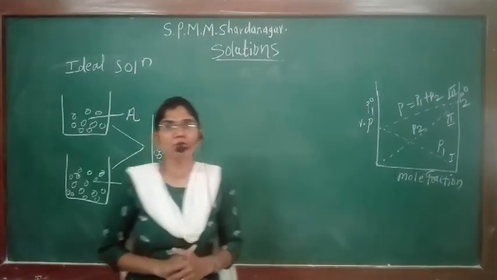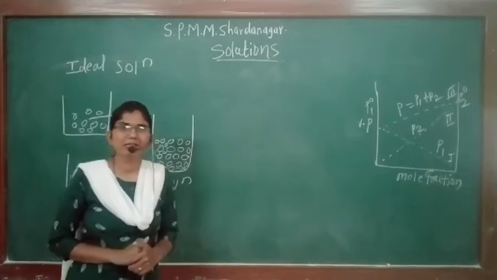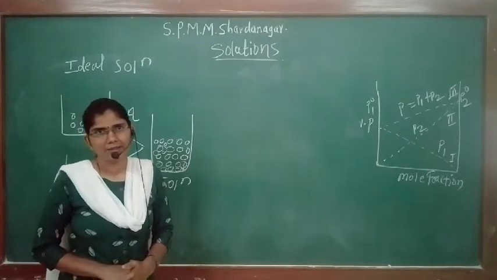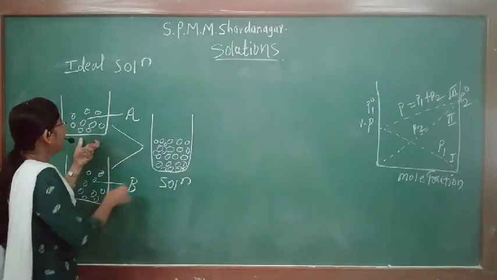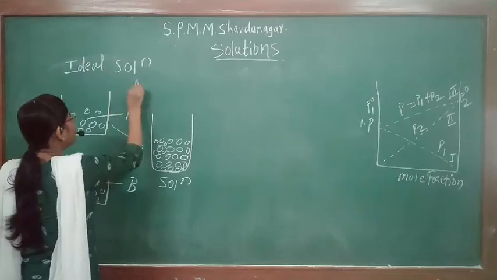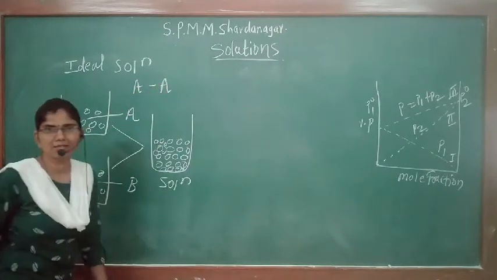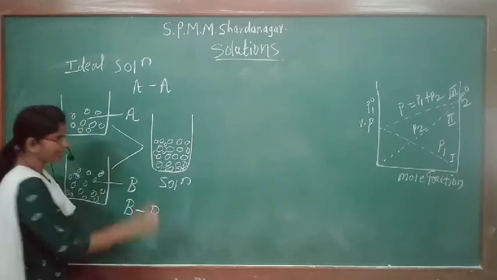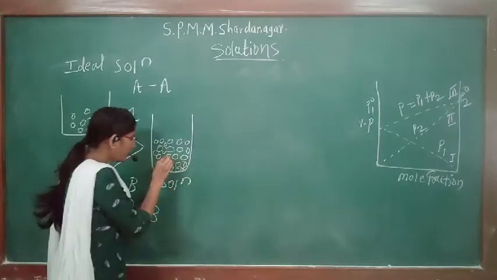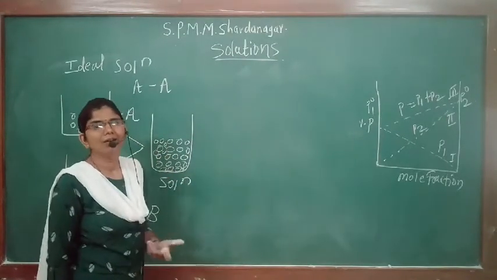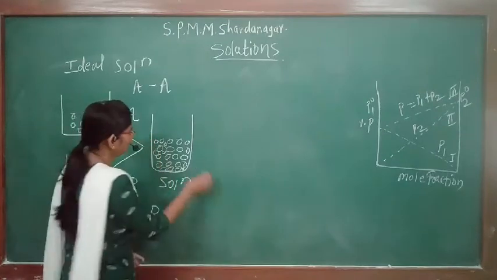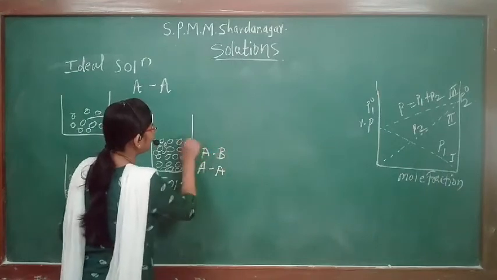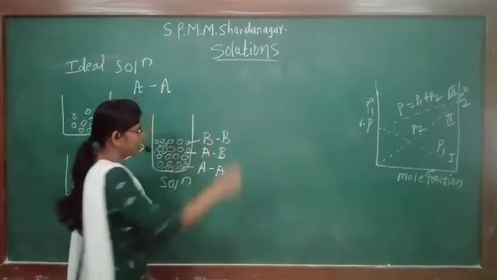If we have a solution of these, then three types of interactions are possible. In A only AA interactions are possible, and in B only BB interactions are possible. So we have AA, AB and BB interactions.